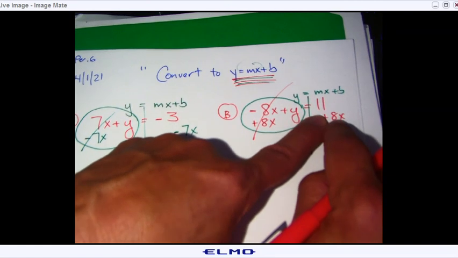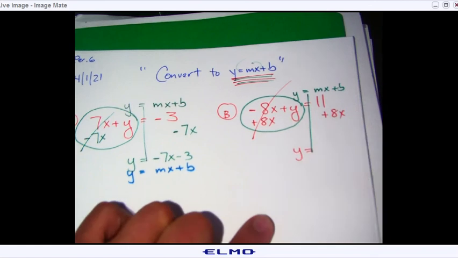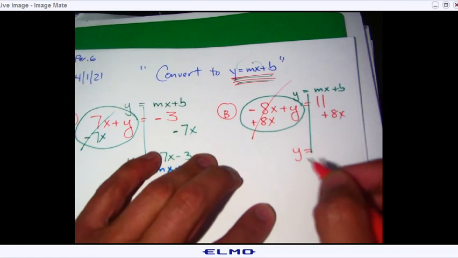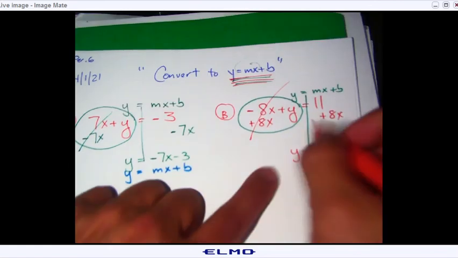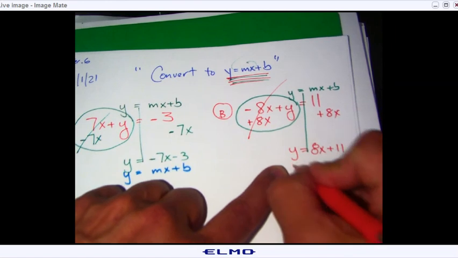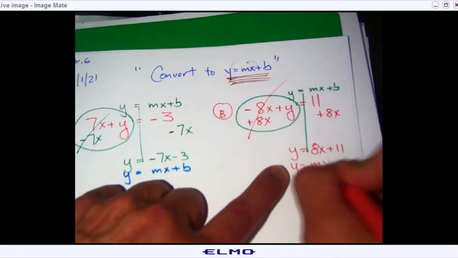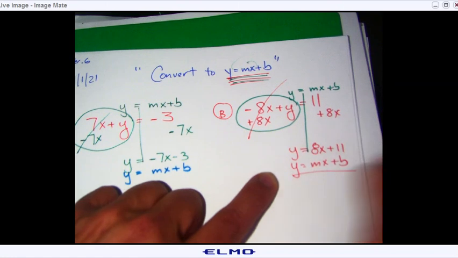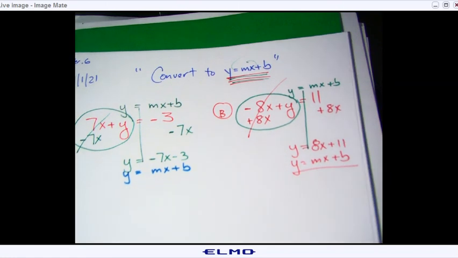It cannot be 19x. I repeat, it cannot be 19x. You have to separate them. So then it's what? 8x plus 11. So look, y equals mx plus b. Perfect. See that? Nice.